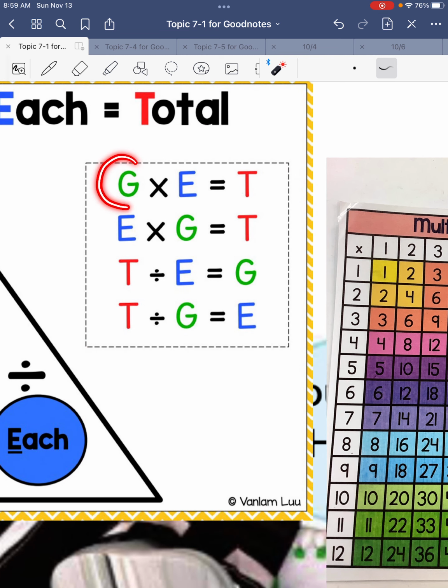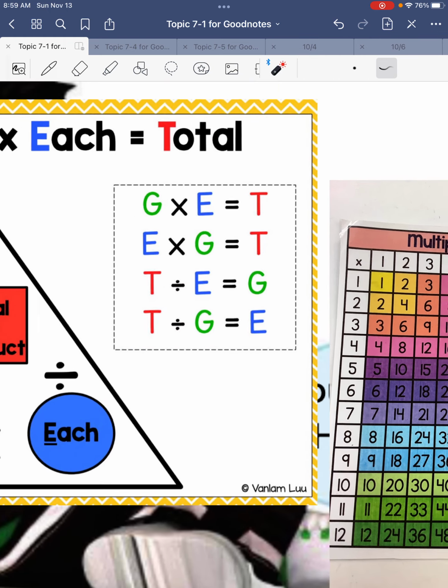If you know your groups, if you know your each, but you do not know the total, you're going to multiply. If you know the each and you know the groups again, and you don't know the total, you're going to multiply. But when it comes to division, if you know the total, you know the each, then you're going to divide to get your groups. Again, if you know your total and you know your groups, you're going to divide to get to your each.